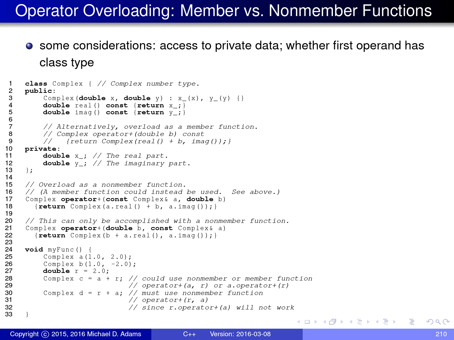On the other hand, if you implement an operator using a non-member function, because the non-member function is not a member of the class, it's not part of the class, it can't access any of the private members of the class. Another consideration is whether the first operand of the operator is of class type or not. If the first operand is not of class type, in other words, it's some built-in type like float or double or int, then you cannot overload the operator as a member function.